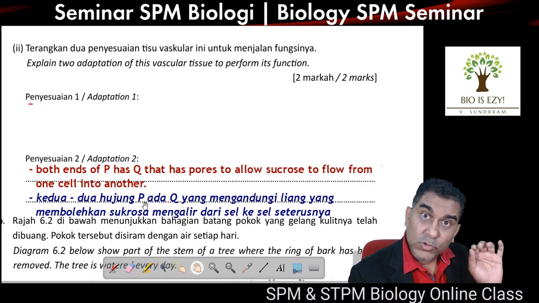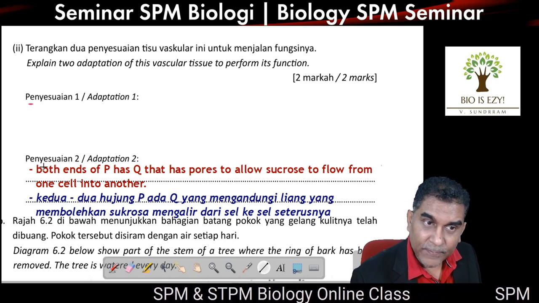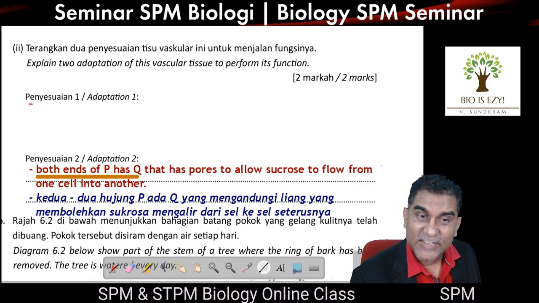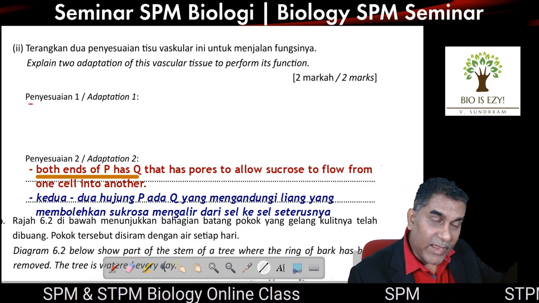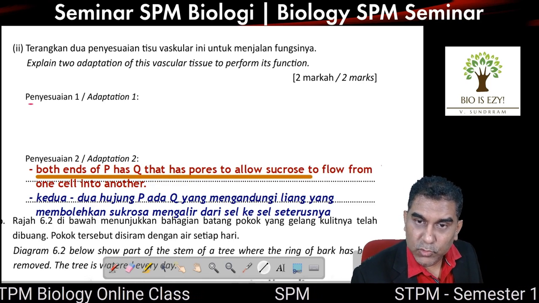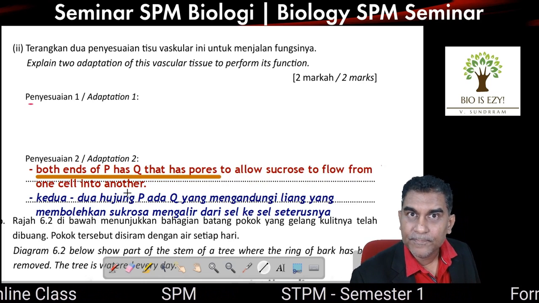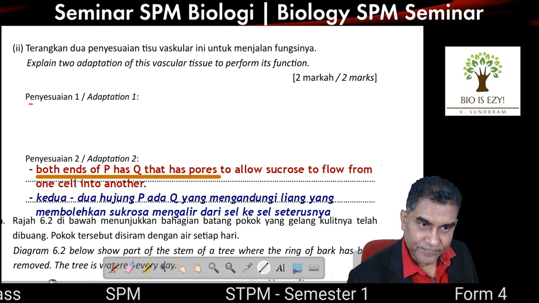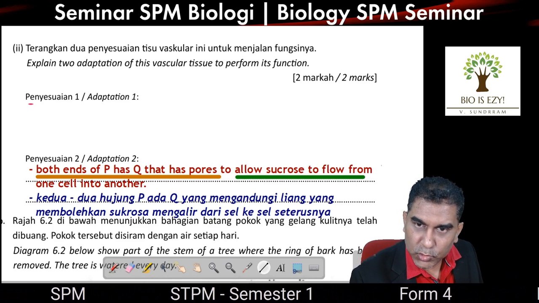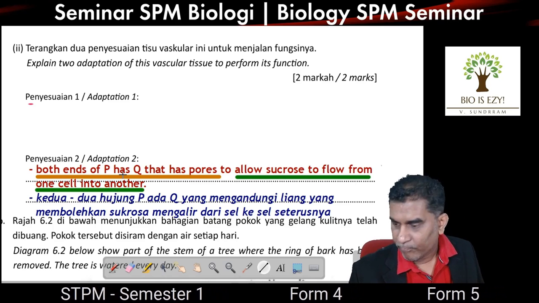Sieve plate have pores to enable the sucrose to flow from one cell into another cell. Both ends of sieve tube have sieve plate that has pores to allow sucrose to flow from one cell into another. Have pores is the fact. Allow sucrose to flow from one cell into another cell is the explanation.